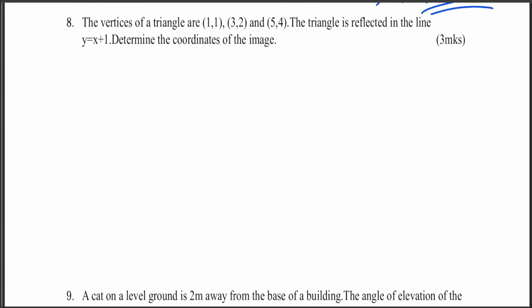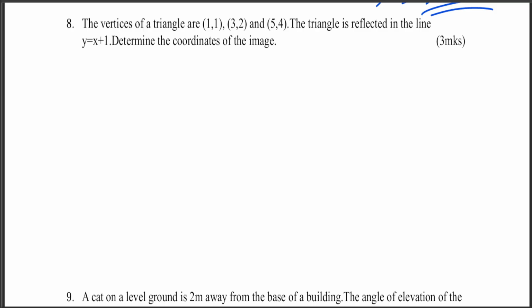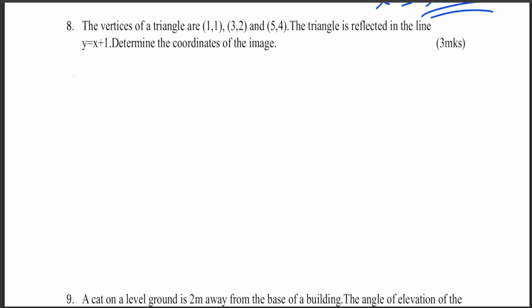So question 8, the vertices of a triangle are 1, 1, 3, 2, and 5, 4. The triangle is reflected in the line y equal to x plus 1. Determine the coordinates of the image. Now, if it was y equal to x, obviously the object a, b would have image b, a.